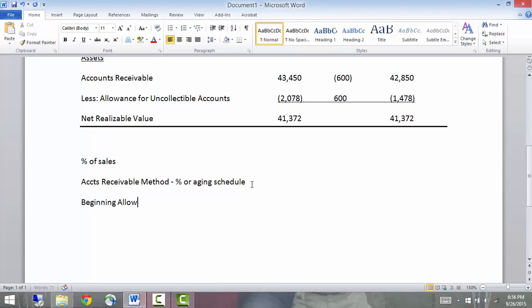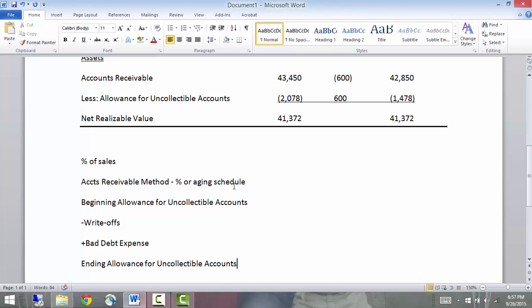Beginning allowance for uncollectible accounts, minus any write-offs, plus your bad debt expense, and that's going to equal your ending amount in your allowance for uncollectible accounts.